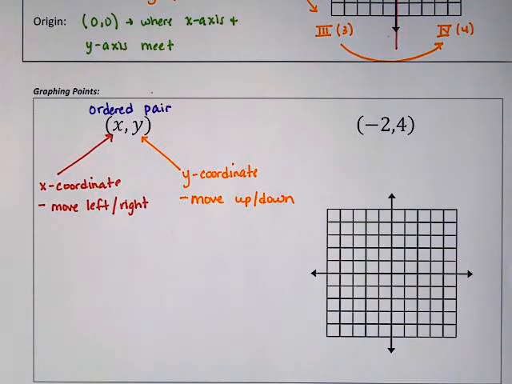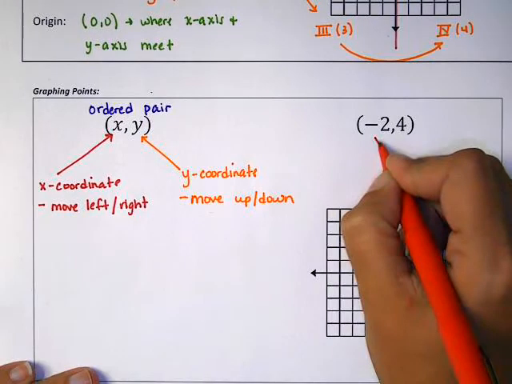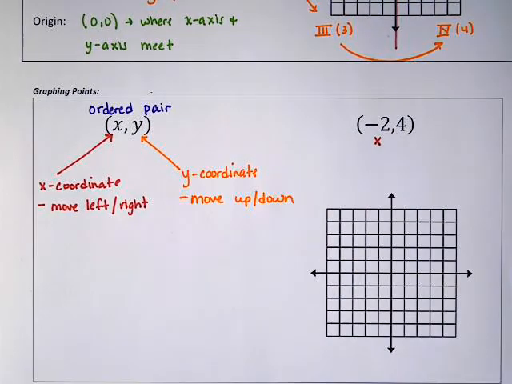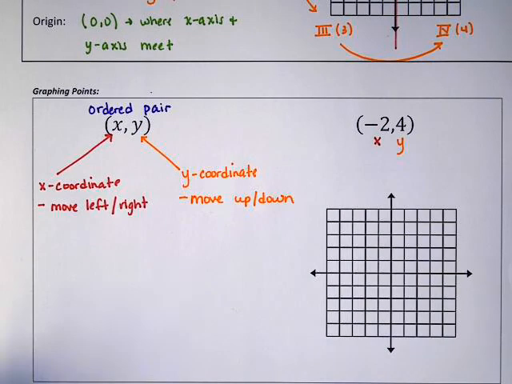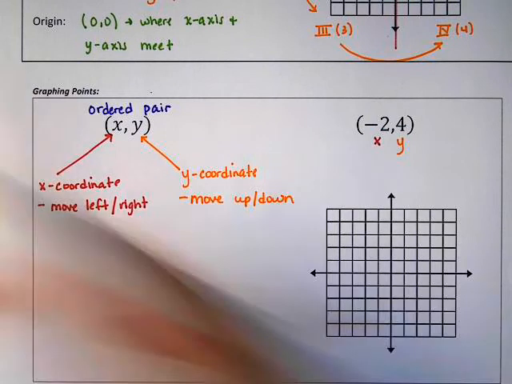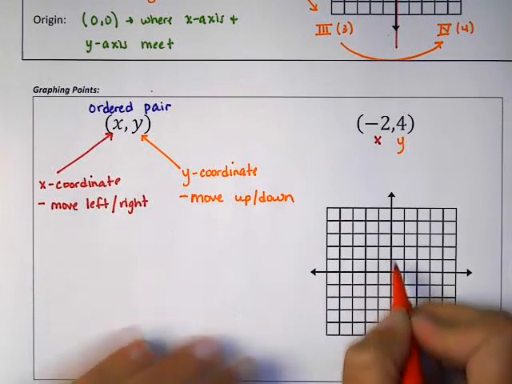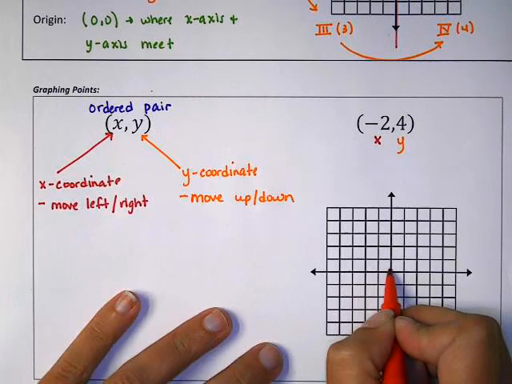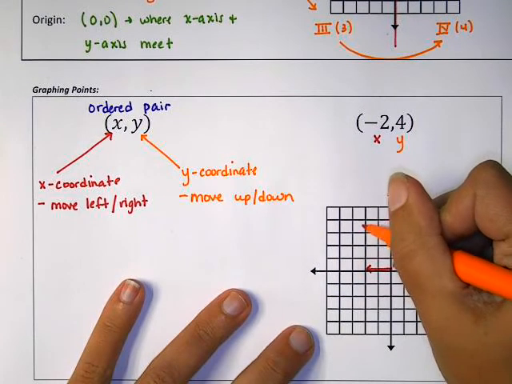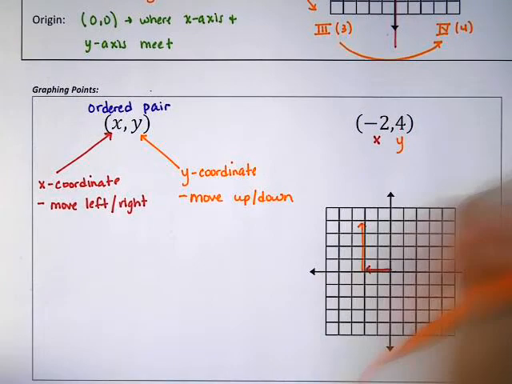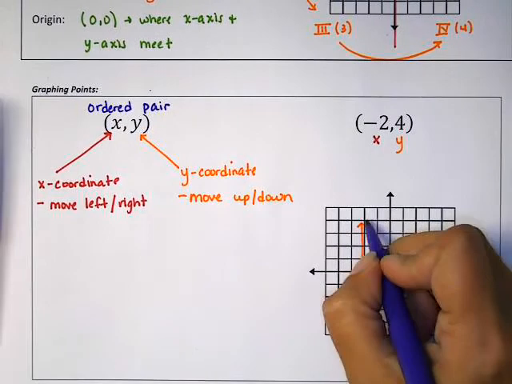So if I was to graph the point -2, 4, the -2 would be the x-coordinate and the 4 would be the y-coordinate. So I would start at the origin and I would go left 2 spaces, and then I would go up 4 spaces. And the location of my point would be here.